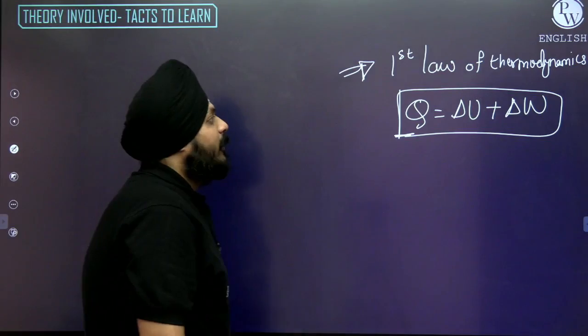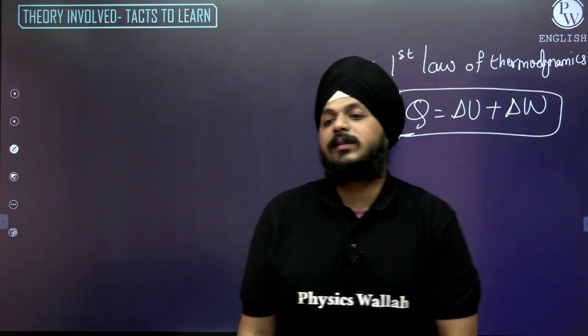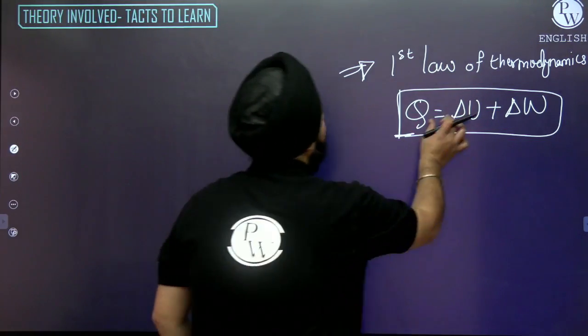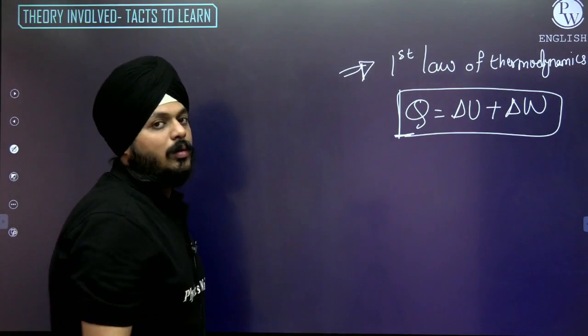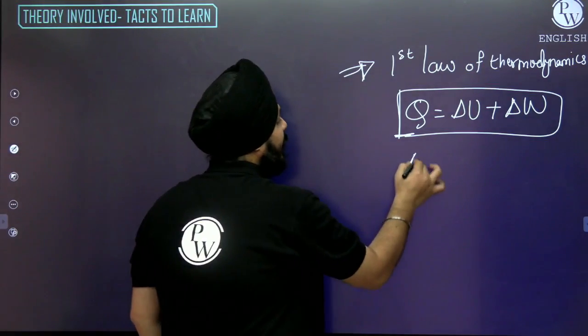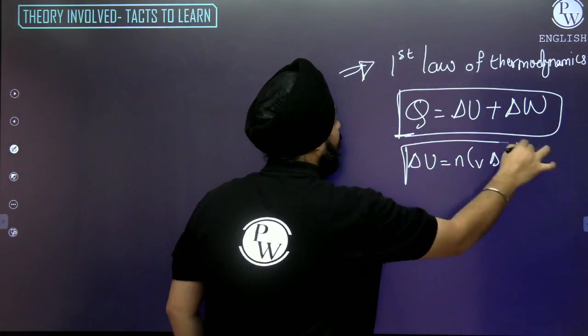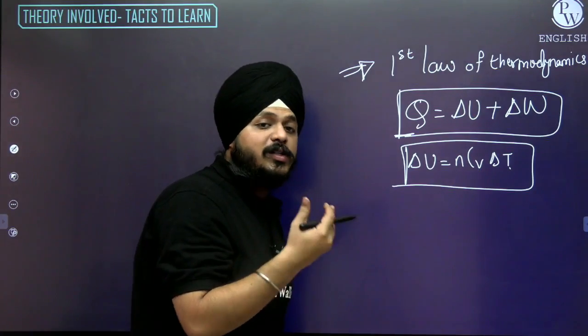So the first law of thermodynamics: Q is equal to delta U plus W. Delta U is always the internal energy, nCv delta T, because it is associated with the internal configuration of the system.